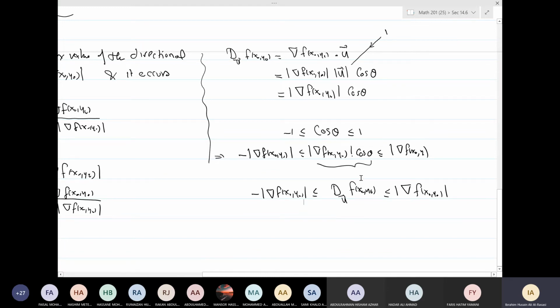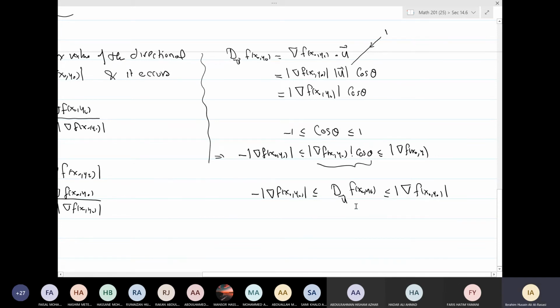Notice the value of the directional derivative is between negative the magnitude of the gradient and the magnitude of the gradient. So question: what is the largest possible value of the directional derivative?